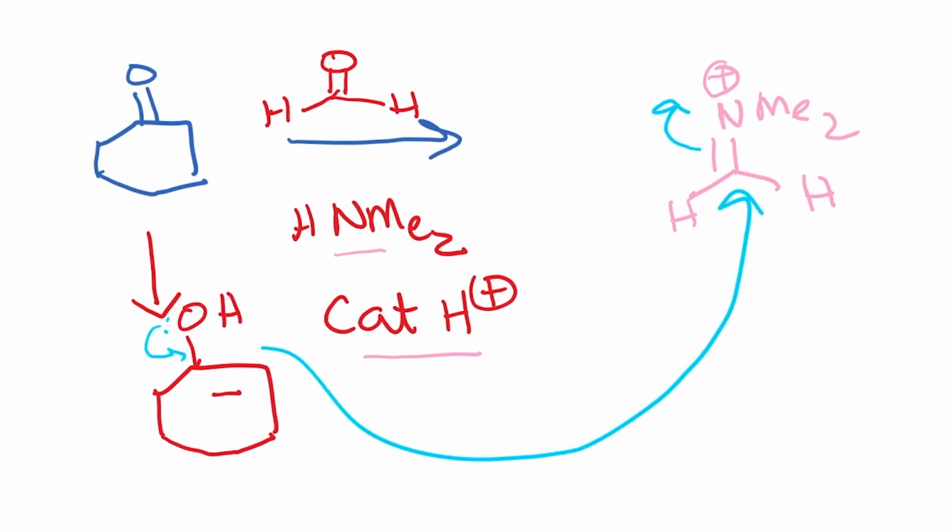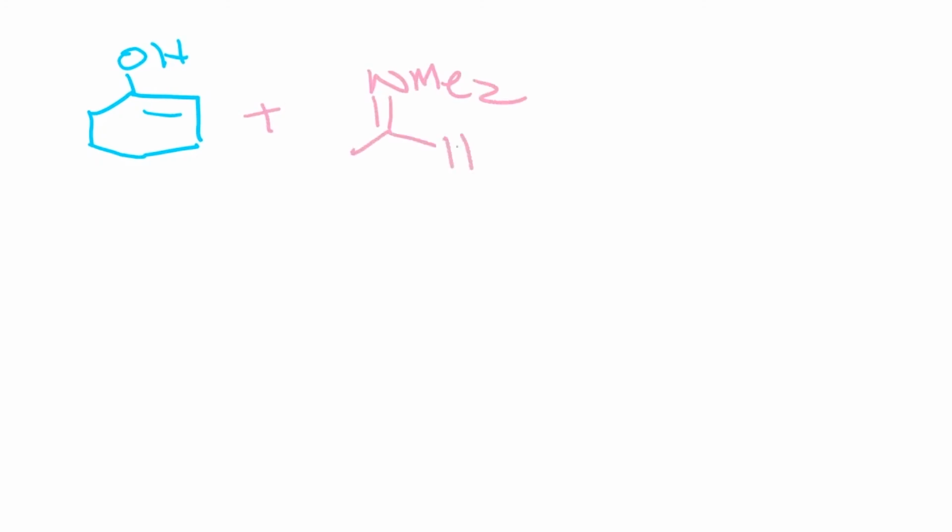And you get this kind of a reaction. So the product of this reaction, I'm just going to draw it out in the next page. So the reacting partners are the enol from cyclohexanone, which you already know the reaction mechanism to, and you have NMe2 plus.